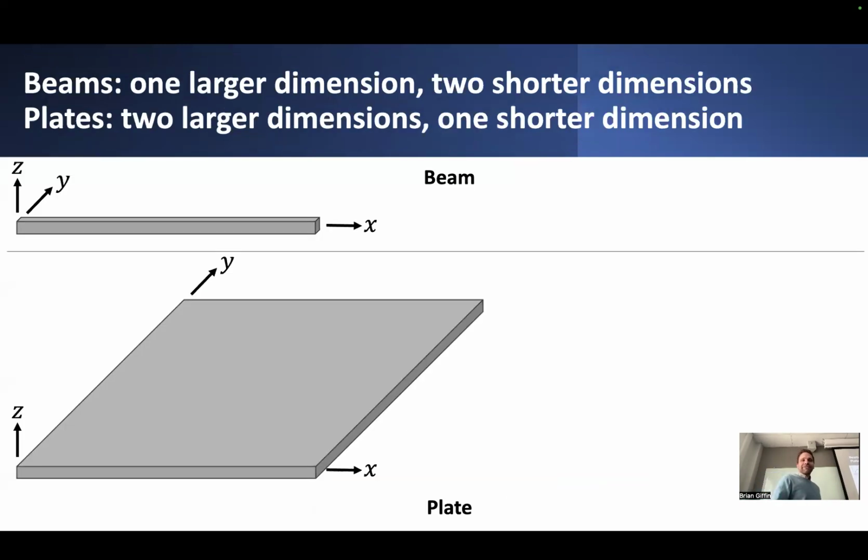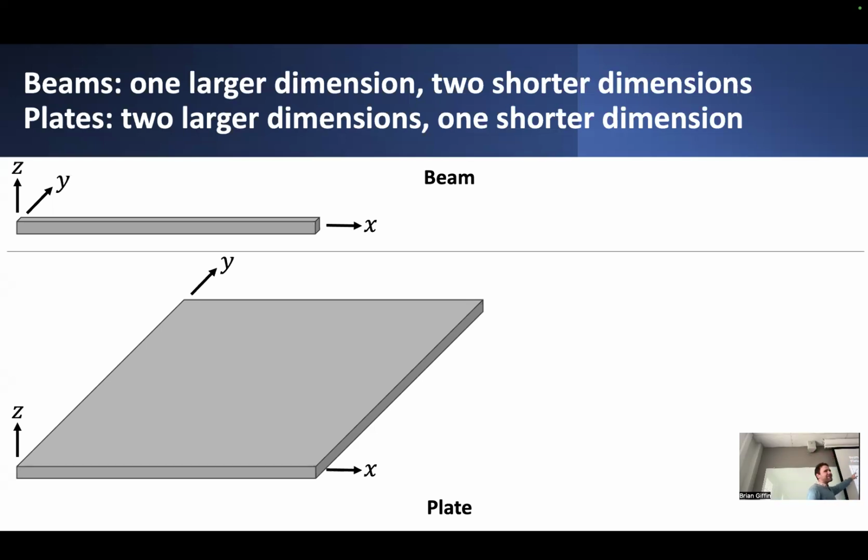We can derive everything from that perspective, and we can apply it not just to beams, but to other types of structural members as well, like plates. So as I said, a beam is really just one long structural member that has one characteristically long dimension and two characteristically shorter dimensions.